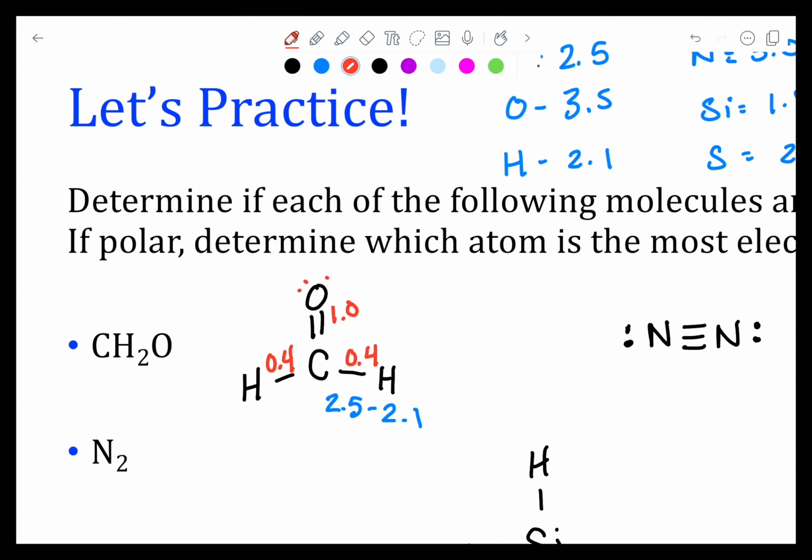Okay, so there's some lone pairs on that oxygen there. So this molecule has an area of more positive and more negative because it's polar in that respect. So this is a polar molecule, and the electrons are being pulled towards the oxygen, which is the most electronegative.